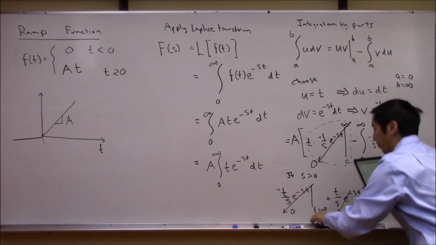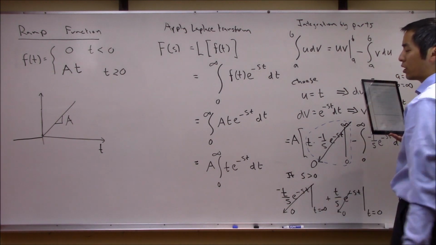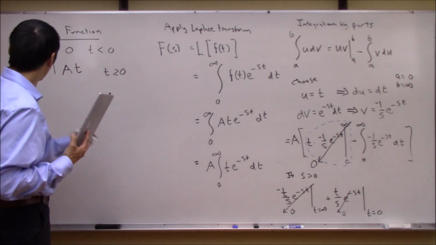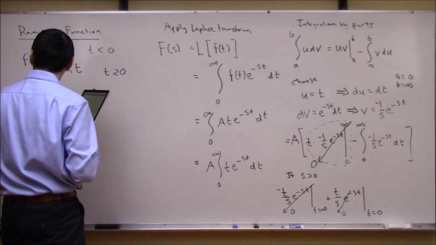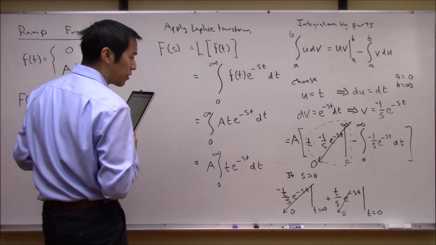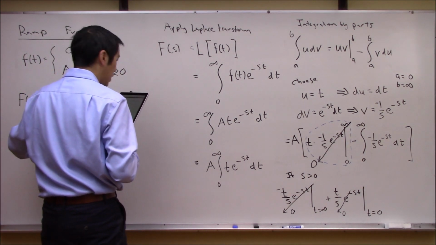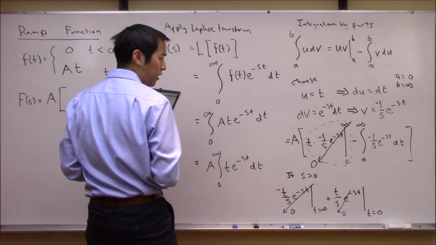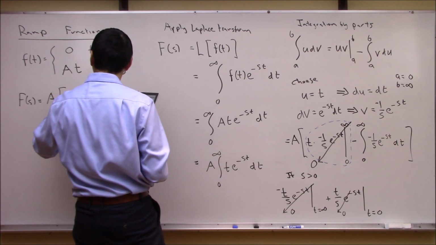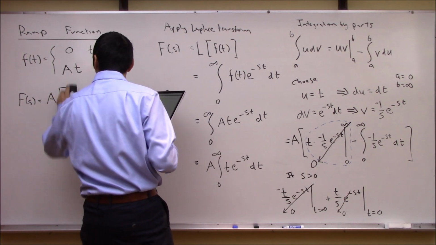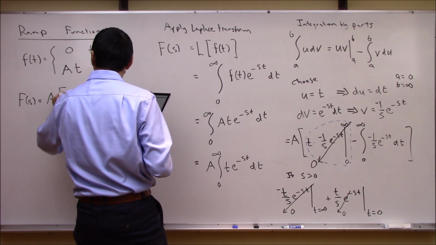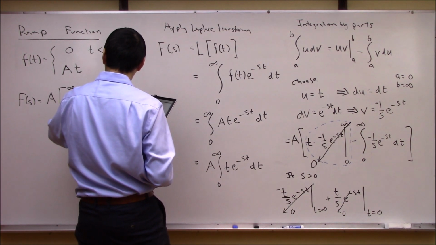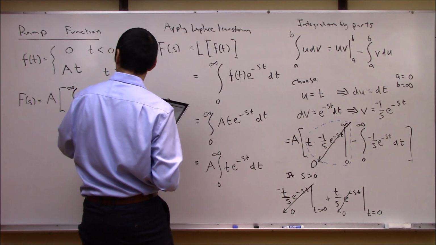So tell you what, let's come over here and rewrite this when we get ourselves a little bit more room. Okay. So we're left with, again, we're still trying to find the Laplace transform F of s, right? And now we've shown that this whole thing looks like an a times the whole blue thing went away, and now the negatives cancel each other, so we end up with 1 over s, integral from 0 to infinity of 1 over s e to the minus st dt, right?